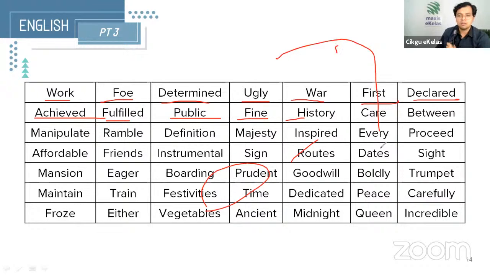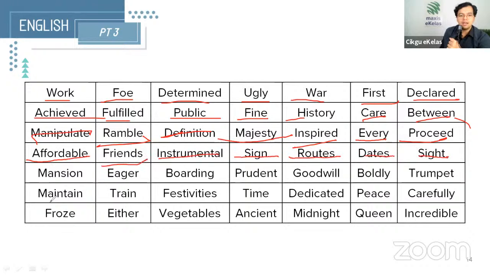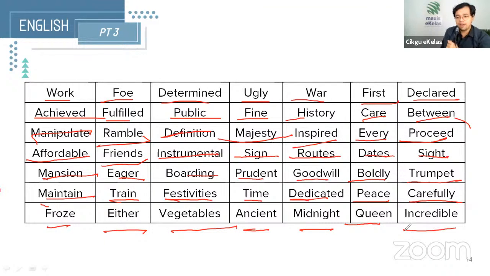Okay, history and care, between, manipulate, ramble, definition, majesty, inspired, every, proceed, affordable, friends, instrumental, sign, roots, dates, site, mansion, eager, boarding, prudent, goodwill, boldly, trumpet, maintain, train, festivities, time, dedicated, peace, carefully, froze, either, vegetables, ancient, midnight, queen, incredible.